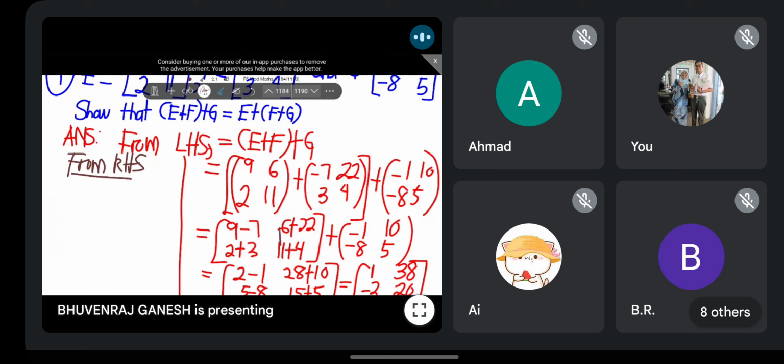So right hand side, you copy the E, and then you plus with F and G. You can do like this also in the exam. Okay, and then plus with negative 1, negative 8, 10, 5.